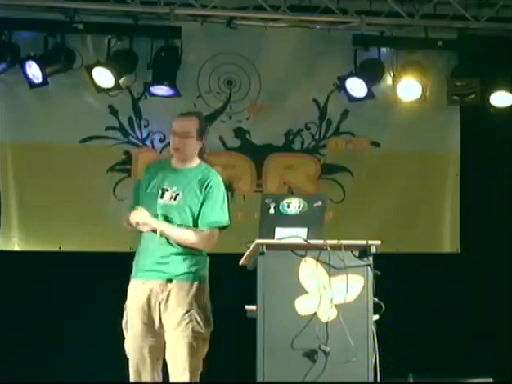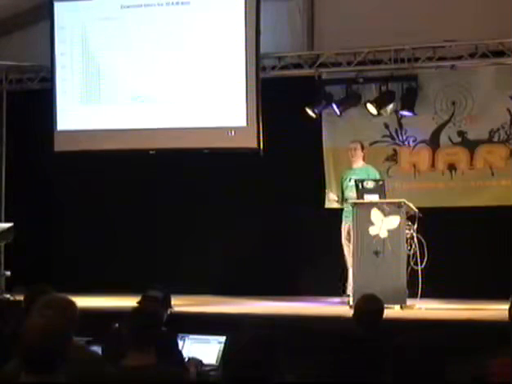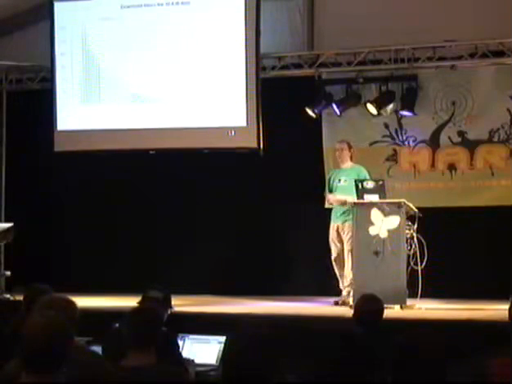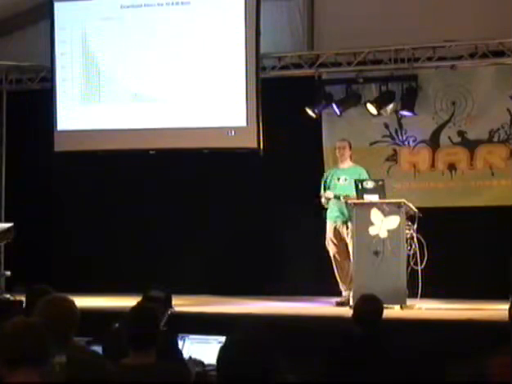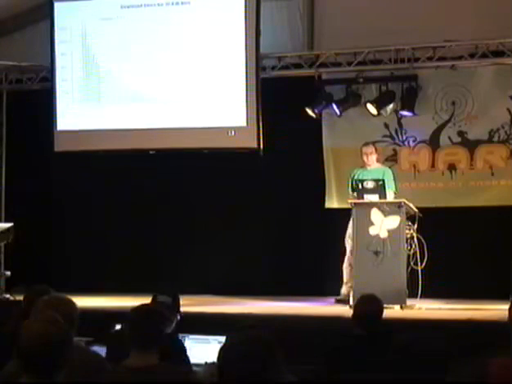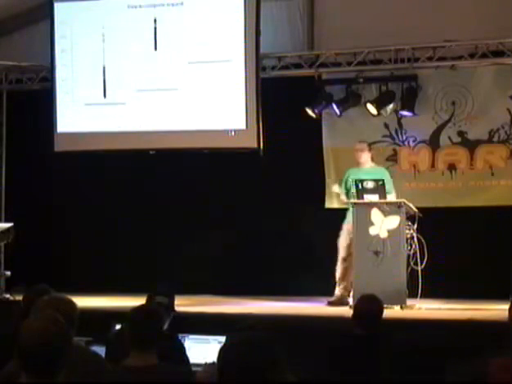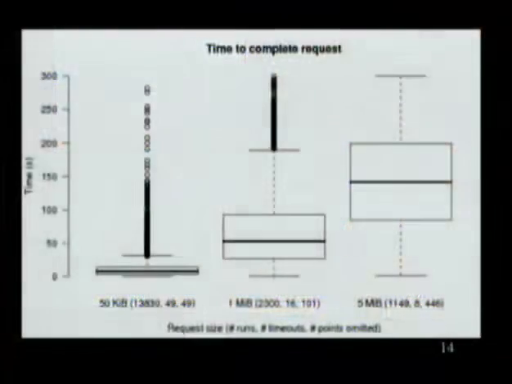The second thing to notice is this huge long tail here: there are so many of those connections that take 20 seconds, 30 seconds, something like that. So it's really the variance, the variability of the latency, that's a big problem. So let's look at that a little bit differently. Here we're looking at downloading 50 kilobytes or 1 megabyte or 5 megabytes.